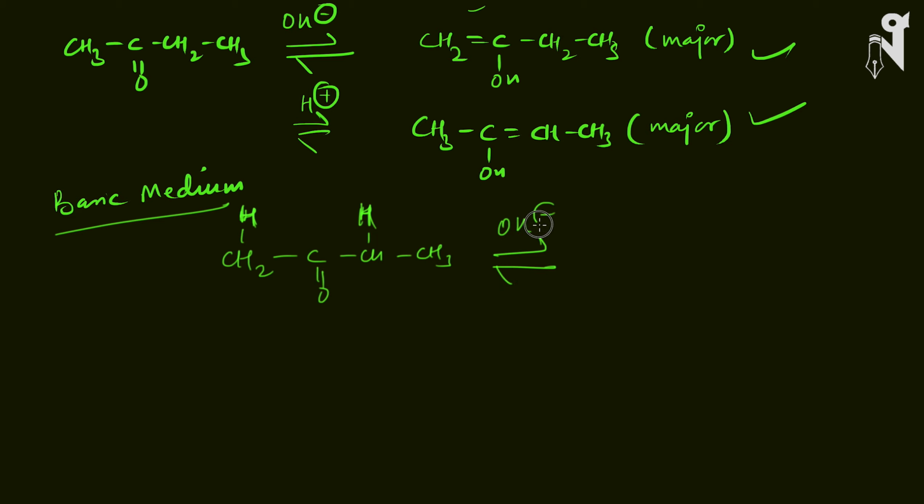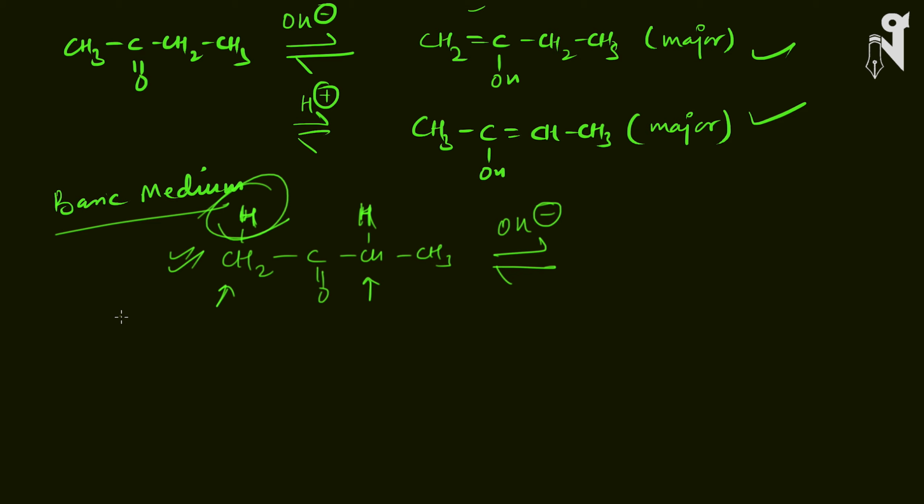OH minus is a base which will abstract the proton, and understand this: abstraction of the proton will be easiest if there is less steric hindrance. If you look at this carbon, the steric hindrance is more, whereas at this carbon the steric hindrance is less. For OH minus to take out this hydrogen will be easier in this case, so it will always prefer taking hydrogen from this side.